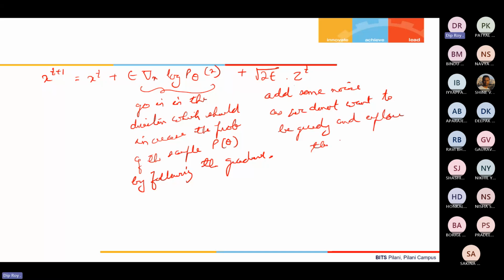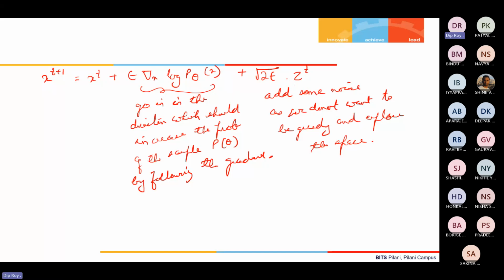Same thing as I showed you in the normal vanilla MCMC. We don't want to just follow the gradient. We want to explore the entire space, and that is the reason why we add some noise here.